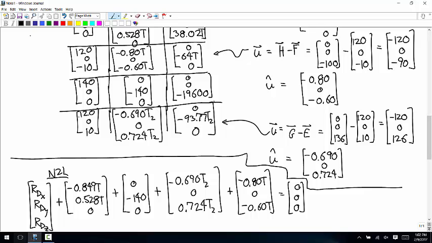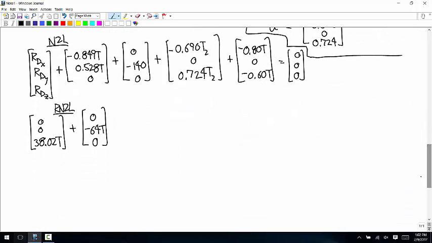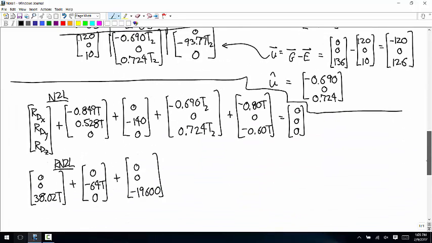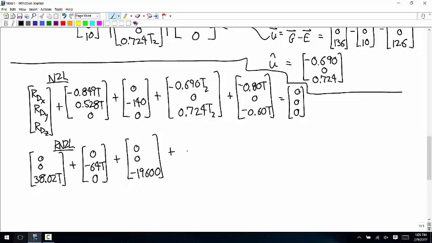Then 0, 0, negative 19,600. Then 0, negative 93.77 T2.